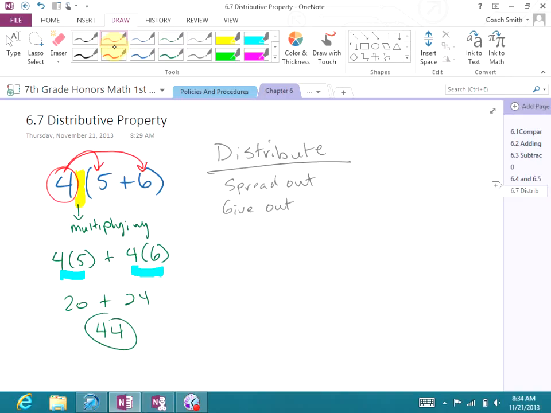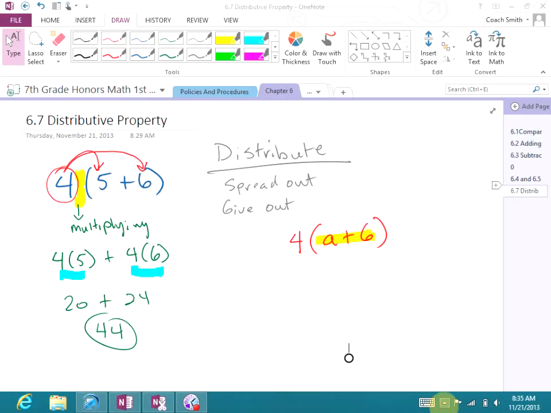Now let me give you an example of the type of problems that you're going to have in the next chapter. And it is the reason why we have to understand the distributive property. You may have the same looking problem, but it looked like that: 4 times parentheses, a plus 6. You cannot put a and 6 together because we don't know what a is.